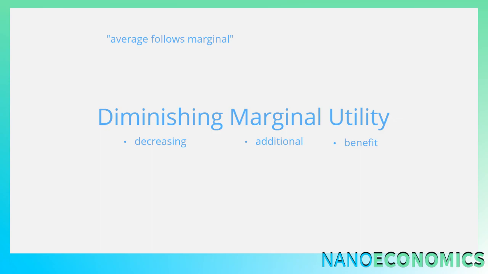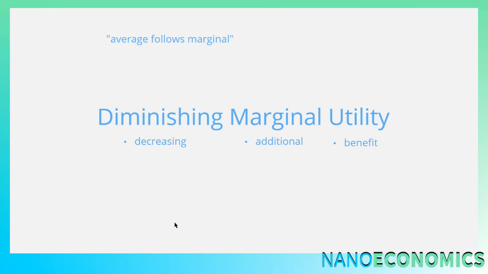Your average grade is going to follow the marginal up if your most recent score was higher, down if your most recent score was lower. And in that example of running a marathon, if your stride is getting shorter and shorter over time, those marginal strides being shorter is going to decrease your average stride throughout the course of the entire marathon.